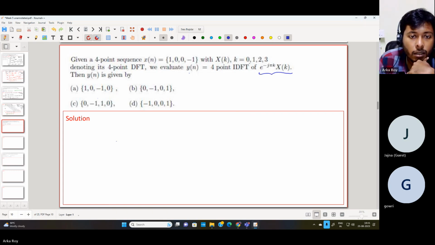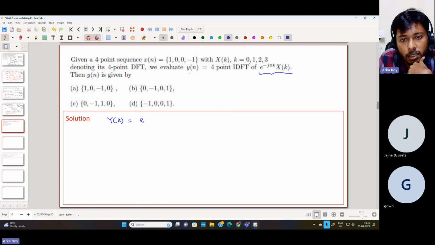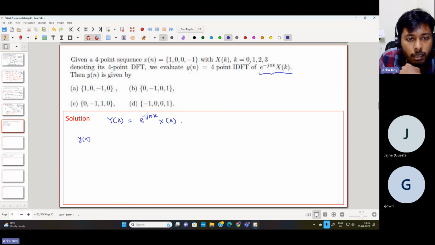Okay. So I can write it as y of k is equal to basically e to the power minus j pi k, then x of k, and then we need to find what is y of n, that is the IDFT. So in case of IDFT, I can write it as 1 upon n.